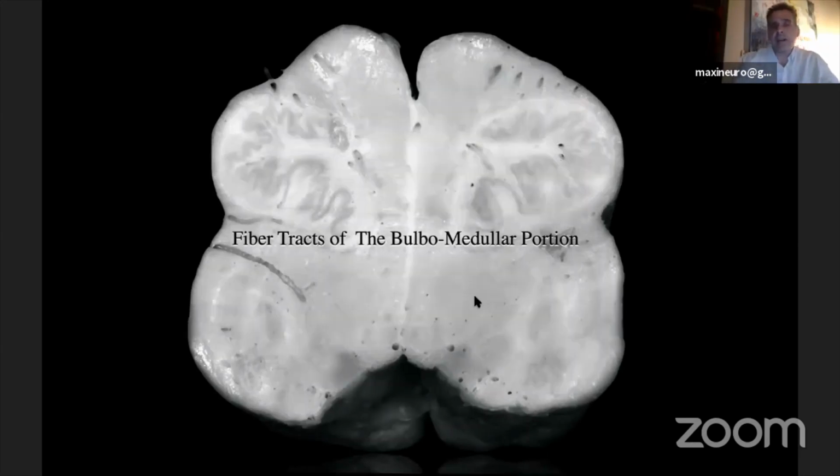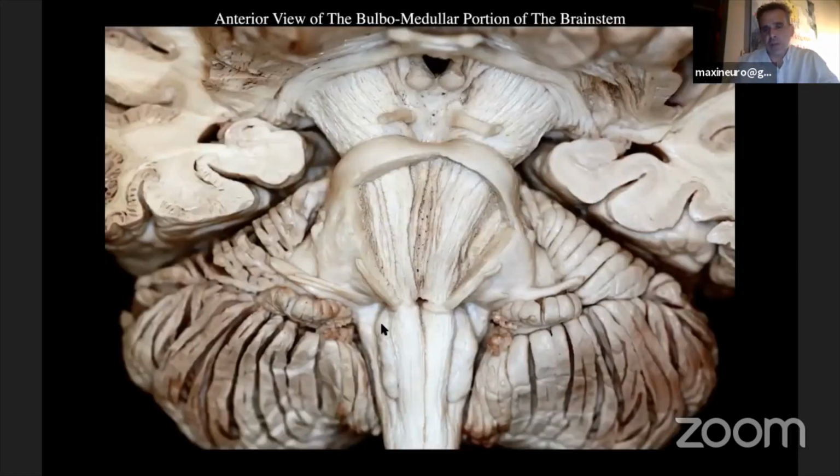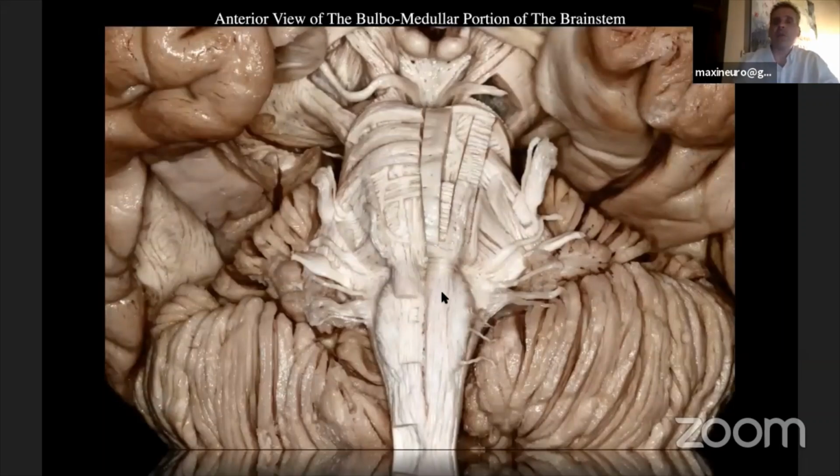If you dissect this area, you must concentrate your vision on this aspect of the brainstem, the lower part. The most important landmarks, nuclear structures and tracts are these. Here we see the pyramid. The pyramid is the continuation, of course, of the corticospinal tract, down to this point, the decussation of the corticospinal tract.